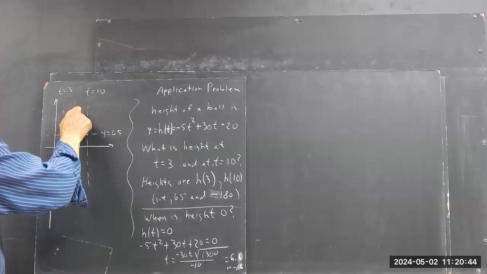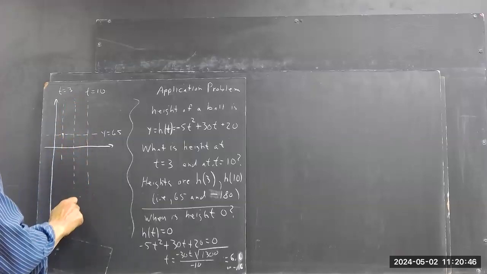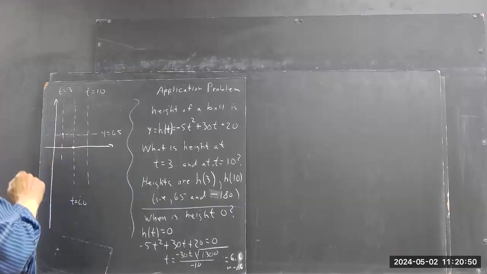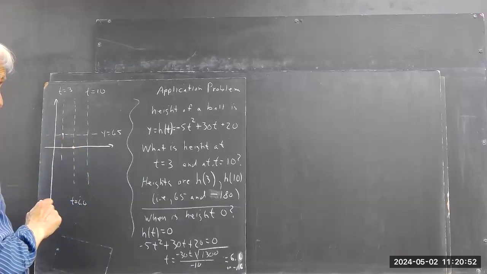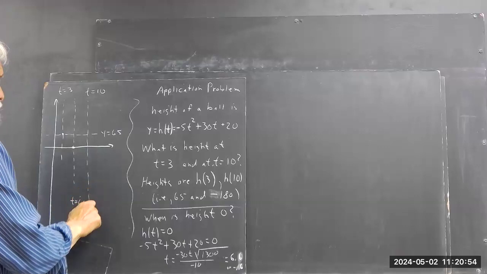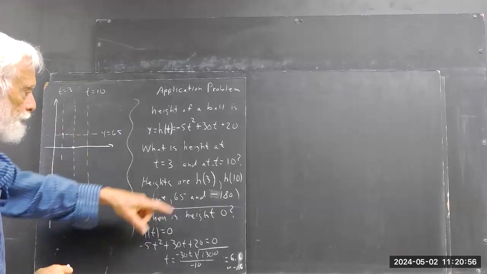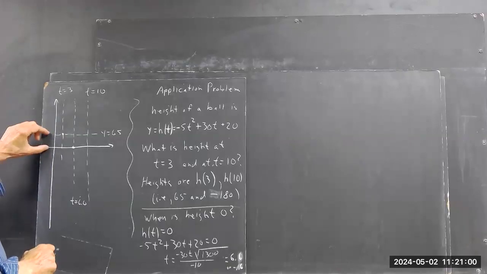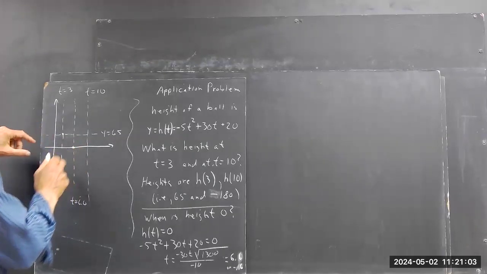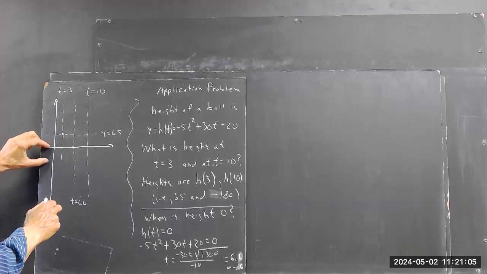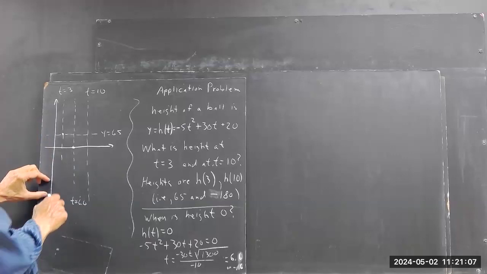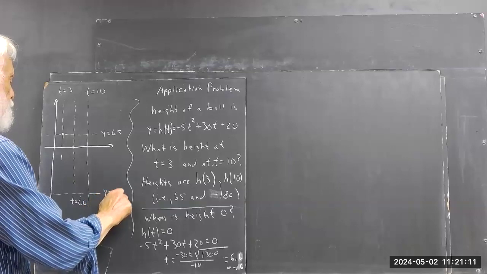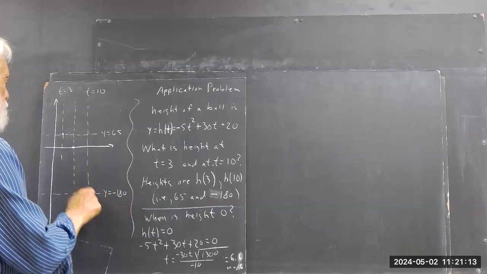So for 0, and then the height is negative 180 when t equals 10. So let's see, here's t equals 10. If this is 65, then 180 would be about 3 times that. So y equals negative 180 occurs here.